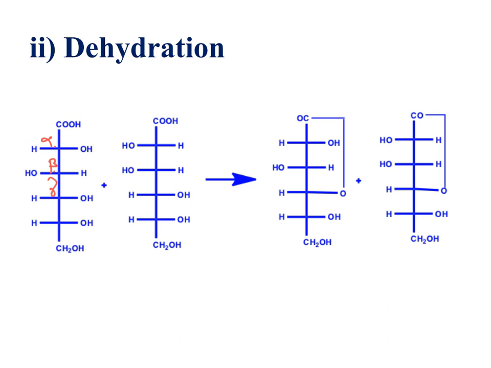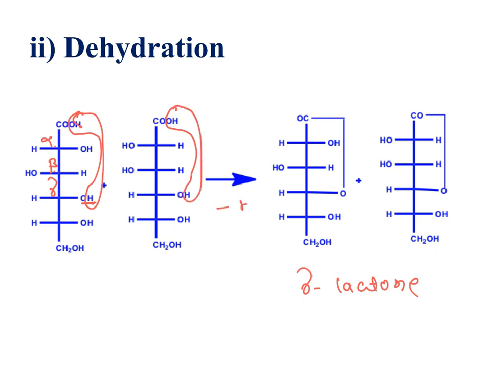The cyclization happens between the hydroxyl group at the gamma carbon and the COOH group, forming cyclic esters, which we call lactones. Since the gamma hydroxy group forms the lactone, we call it a gamma lactone. There is elimination of a water molecule here. Similarly, elimination of a water molecule here, which forms gamma lactones.